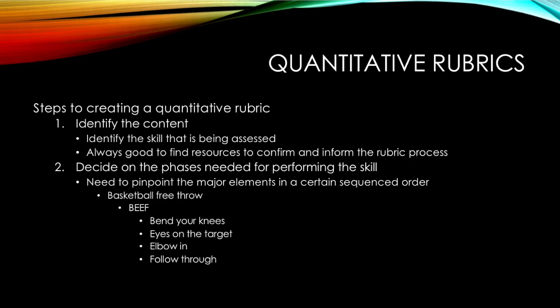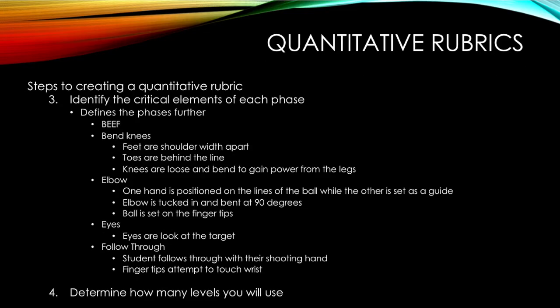You have their elbow in, and you want follow through. So this can be known as BEEF, B-E-E-F. Bend your knees, eyes on the target, elbow in, follow through. So essentially, when you decide on the phases, you're pinpointing the major elements that you talk about within the sequenced order.